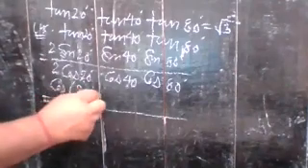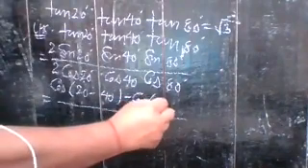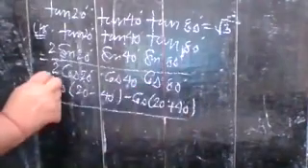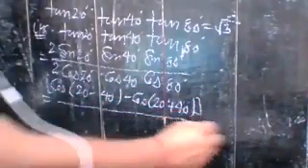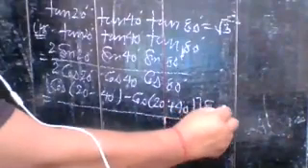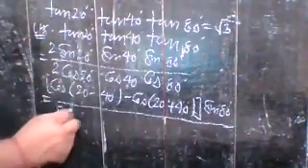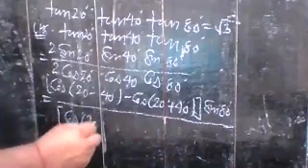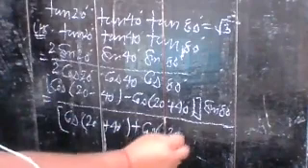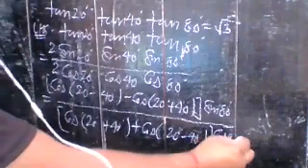Cos 20 degree minus 40 degree minus cos 20 degree plus 40 degree, and here you make a big bracket, and then write sine 80 degree outside the bracket. In the same way, in the denominator you have cos X plus Y, meaning 20 degree plus 40 degree, plus cos 20 degree minus 40 degree, into cos 80 degree.